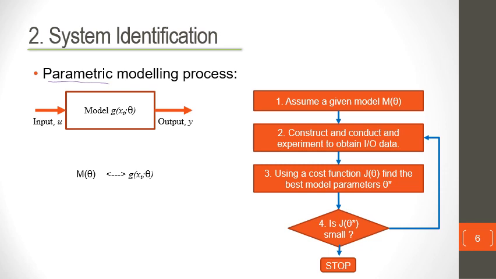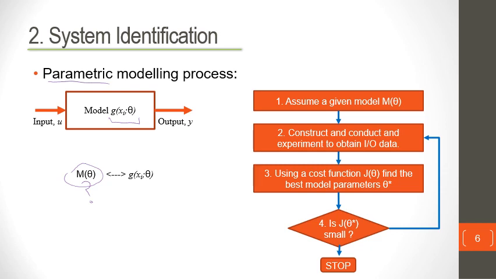So the idea of a parametric modeling process is we have a model G, the modeling function or differential equation, which we don't know. Because we don't know the model, the way we do it with parametric modeling processes, we guess a model structure. We get a model, say M of theta. We guess that the system could possibly have a structure M and parameters theta.